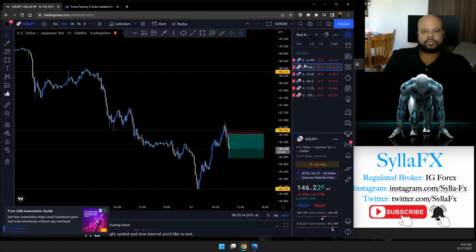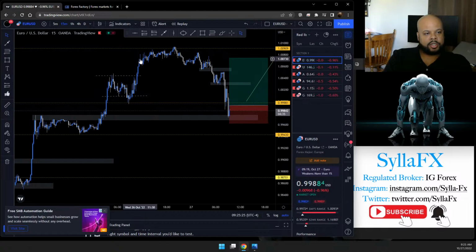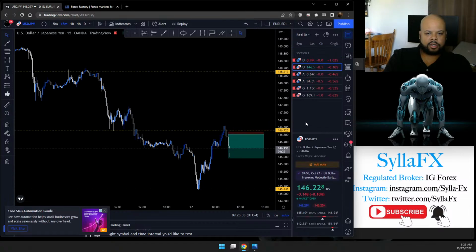So let's see what happens. And here we're still waiting. We are below our entry point on the euro dollar, but it did reject this support level, the highs that it broke yesterday or the day before. I don't remember the exact time frame on that. We're still in the loss here, but we are in profit with the dollar yen.